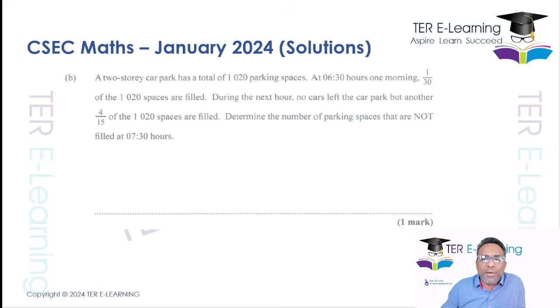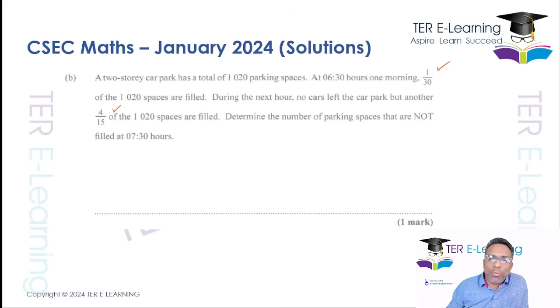Determine the number of parking spaces that are not filled at 7:30. Right, so in the second part here, at 6:30, 1/30 of the spaces are filled. No cars leave the car park, but another 4/15 of that same 1020 are filled. Determine the number of parking spaces that are not filled at 7:30.